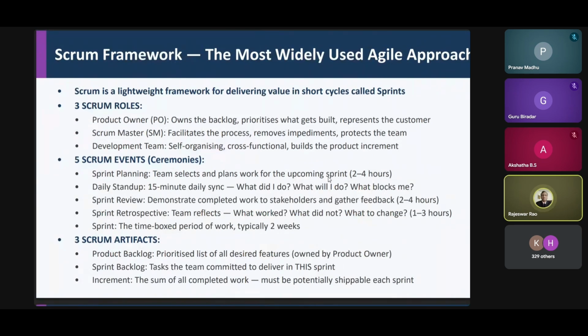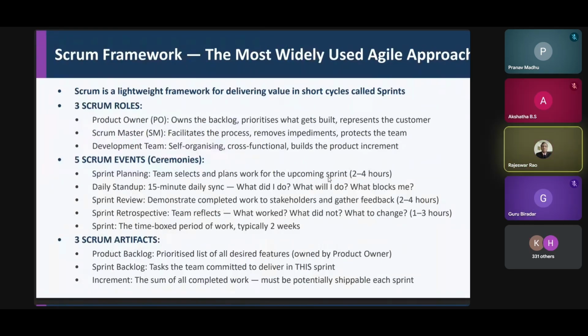And the definition of a sprint is a clearly time-boxed period of work, not more than 2 weeks, where there is a clear set of input criteria and output criteria. At the end of every sprint, there has to be a deliverable to the client to start being deployed. You cannot have a sprint without any deliverable.